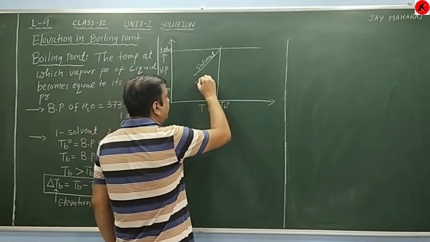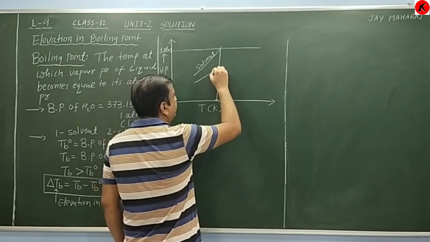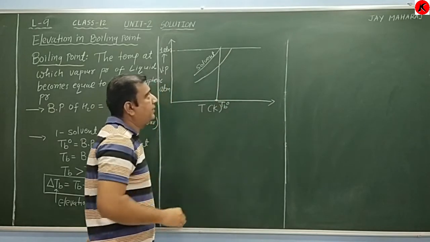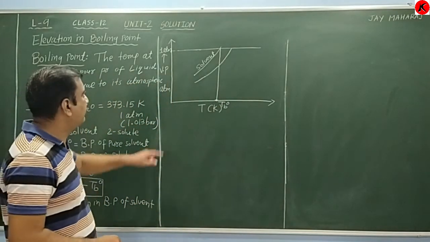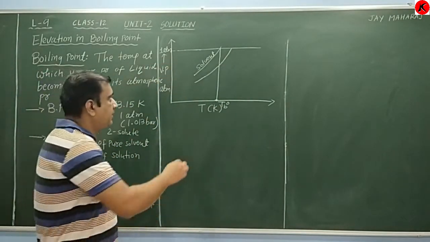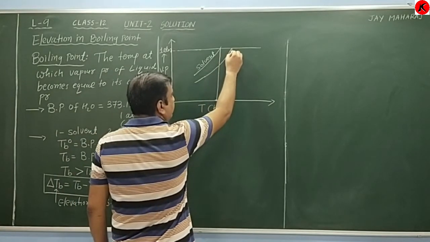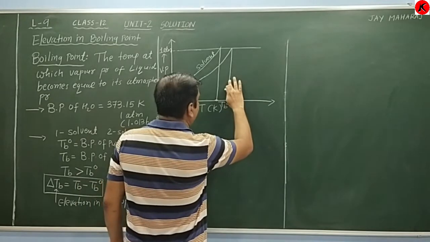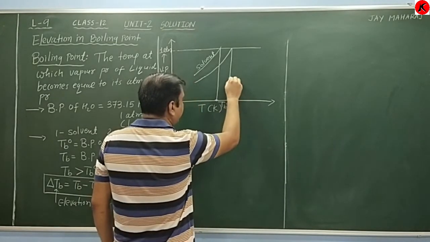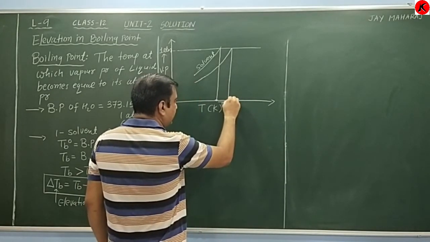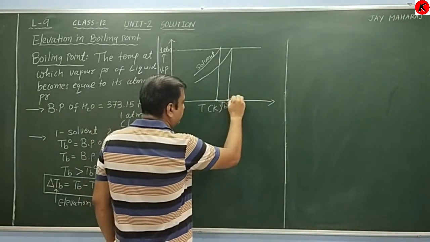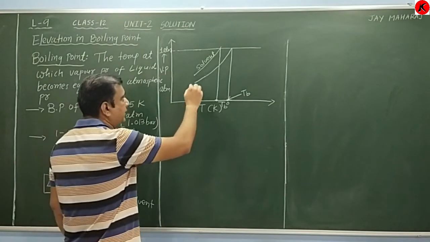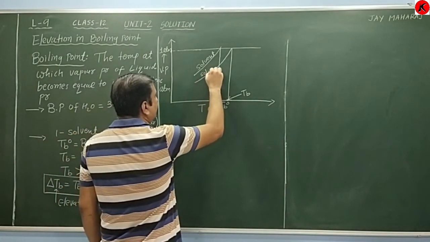This graph is for the solution. As the temperature increases, vapor pressure increases, and finally when the vapor pressure becomes equal to 1 atm, this corresponding temperature is known as the boiling point of the solution. This point is TB, the boiling point of the solution.